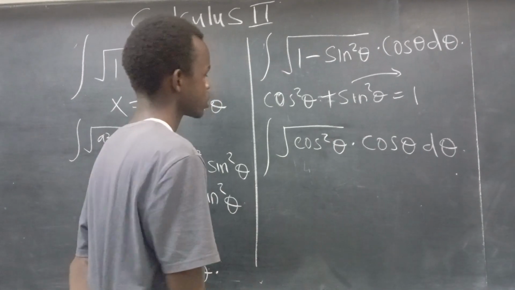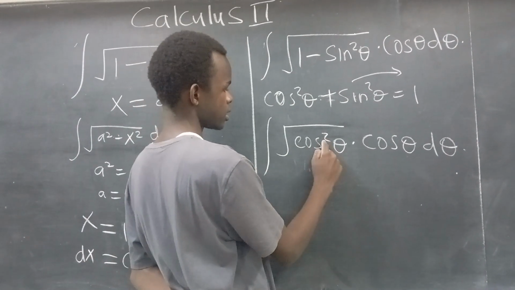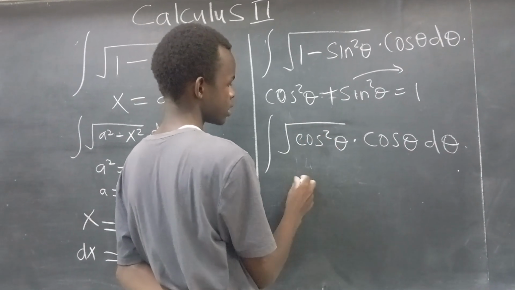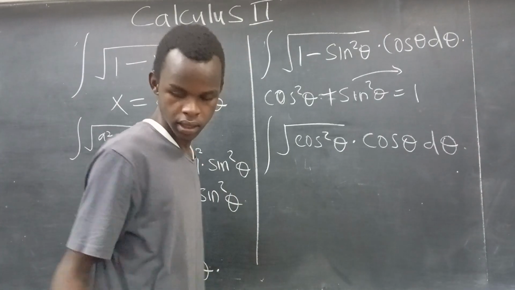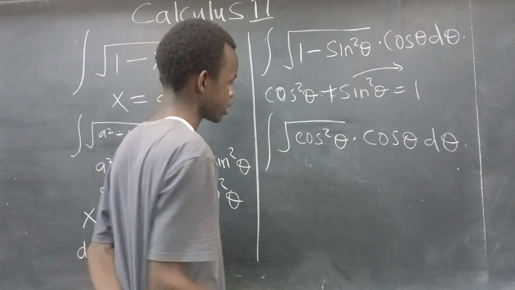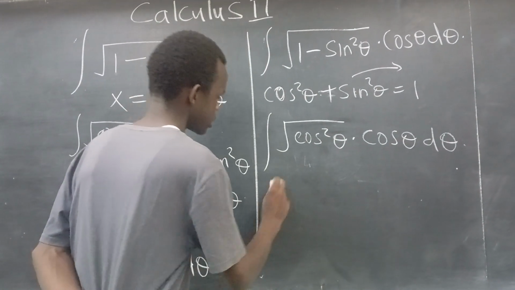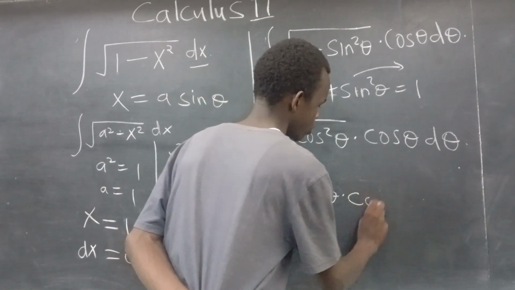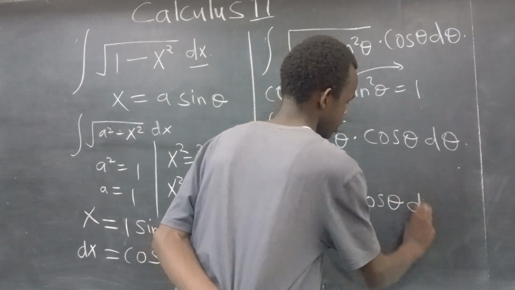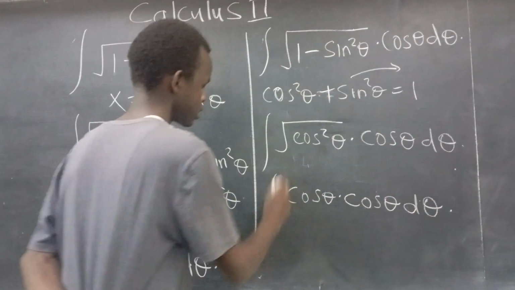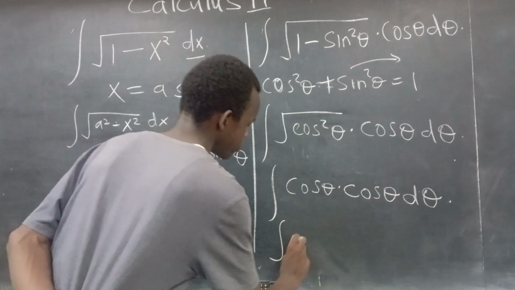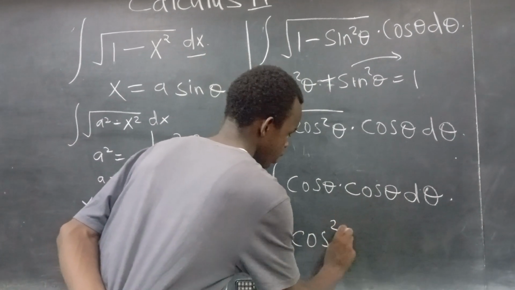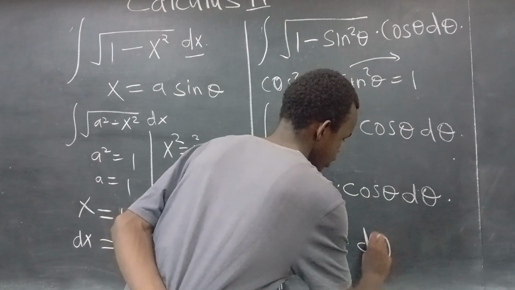The second power cancels with the square root, so I'll get the integral of cos theta multiplied by cos theta d theta. This is the same as the integral of cos squared of theta d theta.